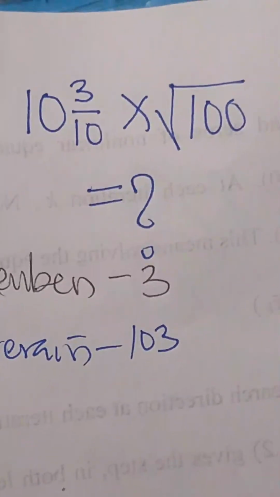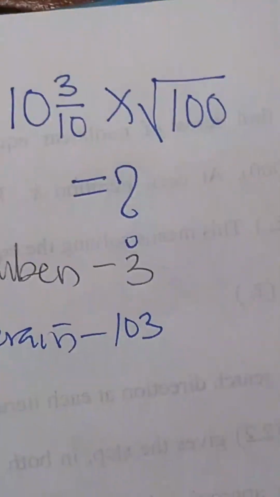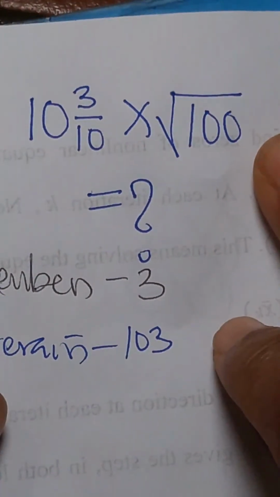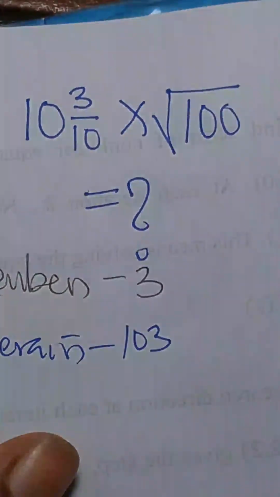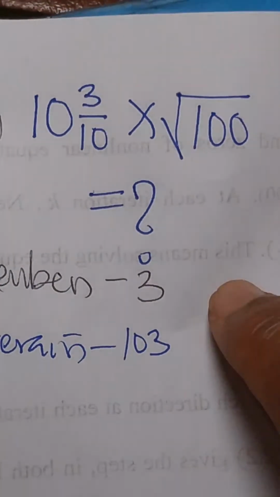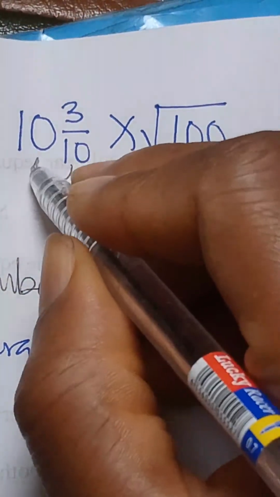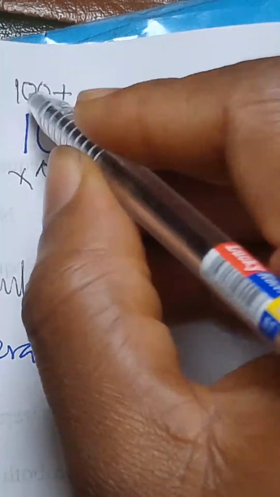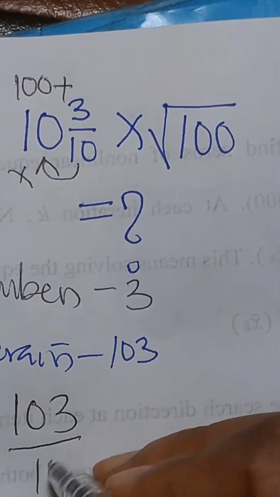Tomorrow we are going to be learning simultaneous equation. Okay. So let's solve this. Please, let's solve this. This is very easy. Whenever you have this kind of question, you start by converting this mixed fraction into improper fraction. You do 10 times 10 is 100. 100 plus 3 will give us 103 all over 10.